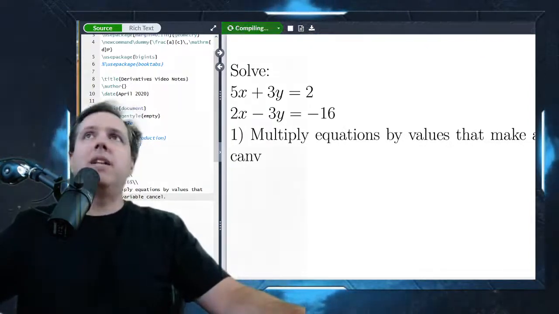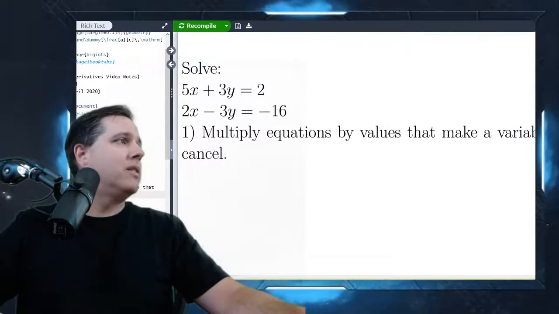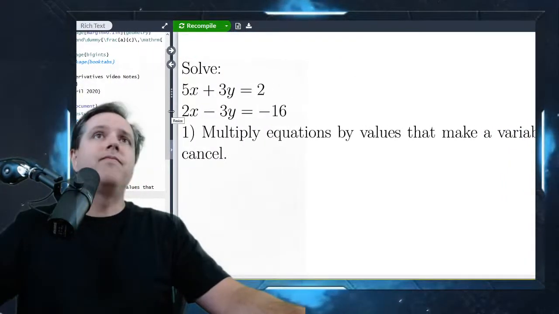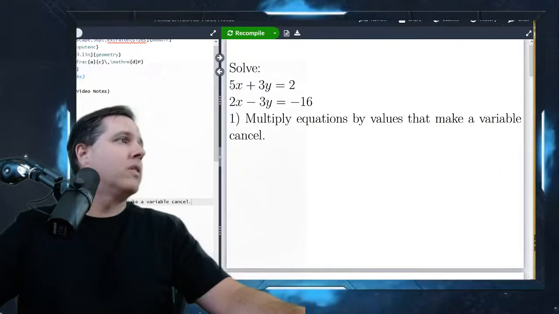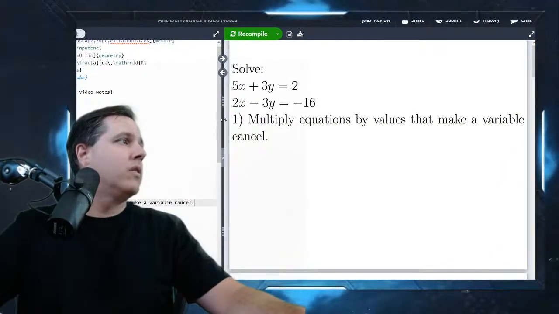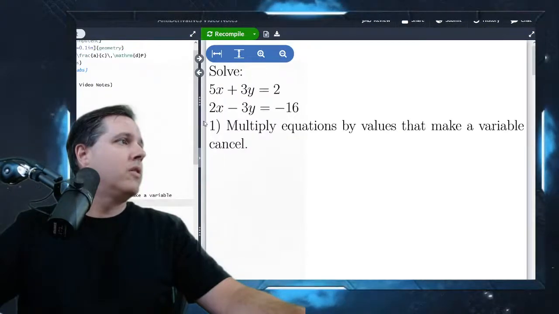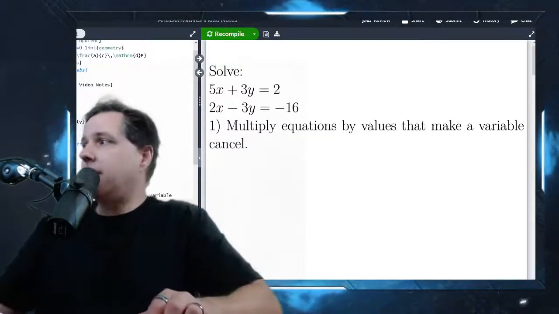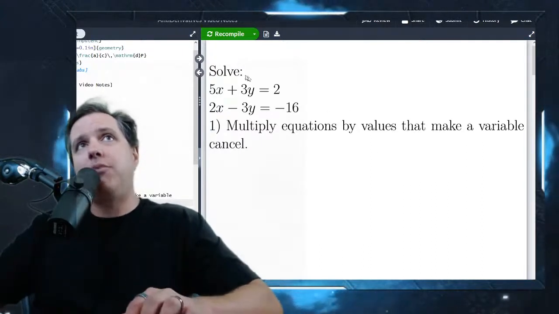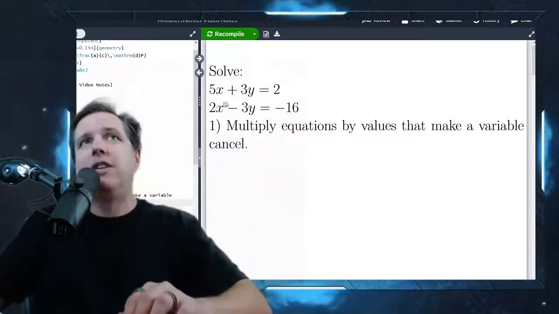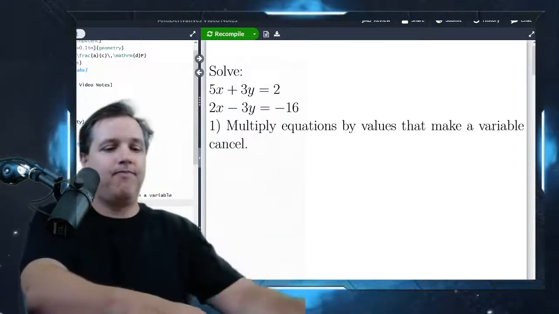And that might not make a lot of sense at the moment. But like I say, I'll do one in a second where we have to do this step 1. But step 1's already done for us because I have the plus 3y and the minus 3y. I go, great, those are going to cancel. Let's move on.